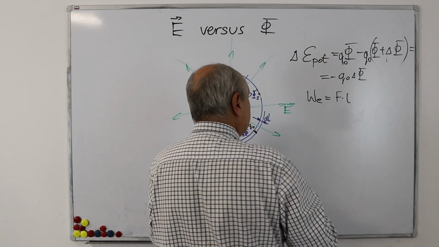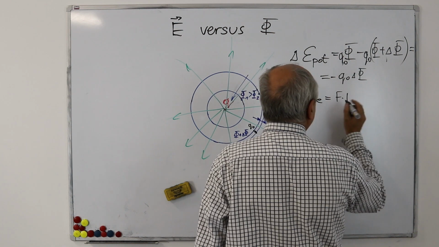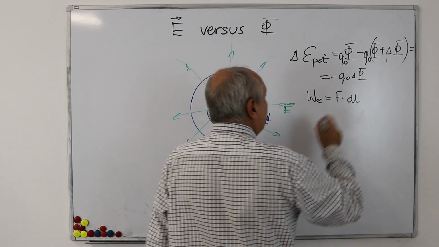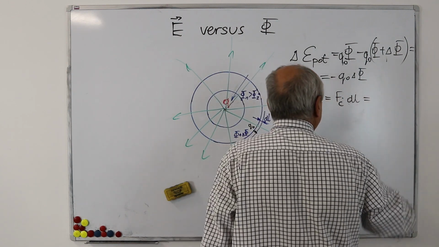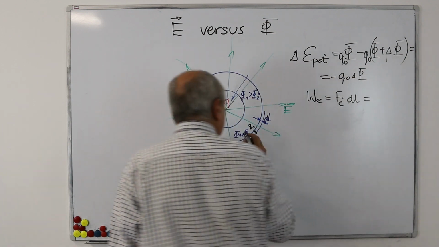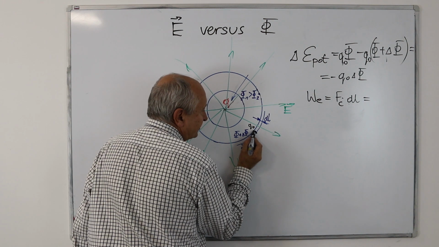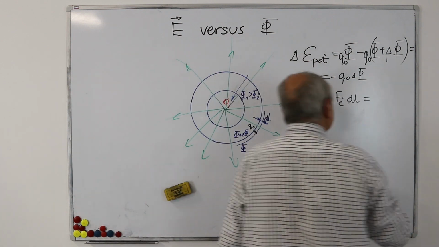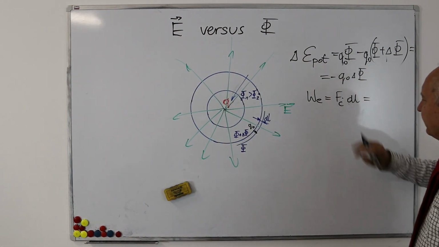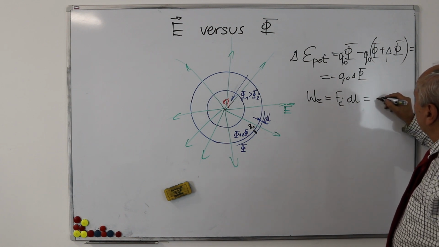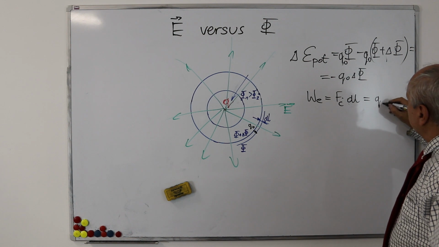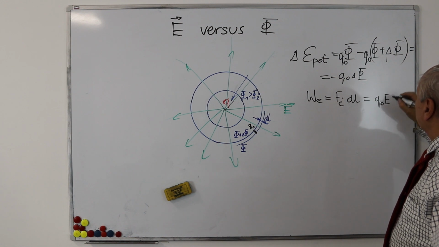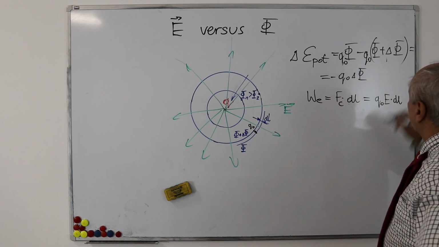So the work done by the electric field is equal to F dl. This is Coulomb's force, and if we leave this charge free, it moves along the electric lines. So F is parallel to L, so we can write it without vectors. And finally, we can write Coulomb's force as Q0 multiplied by E dl.